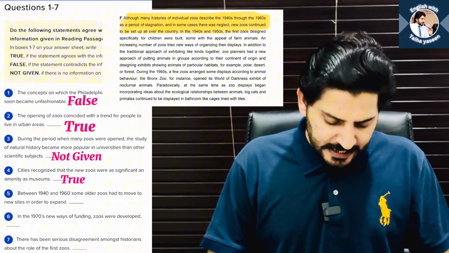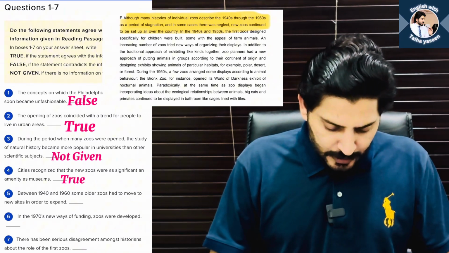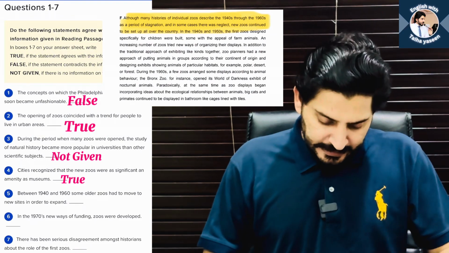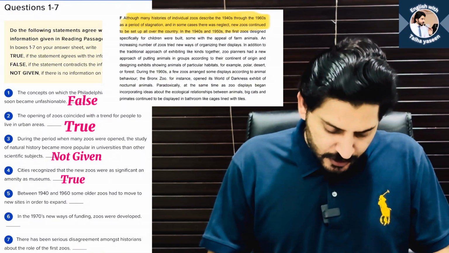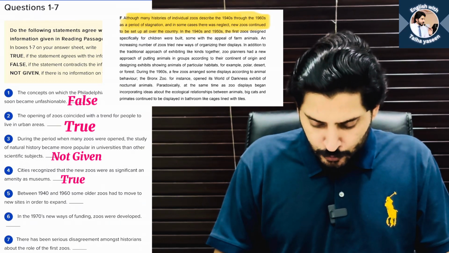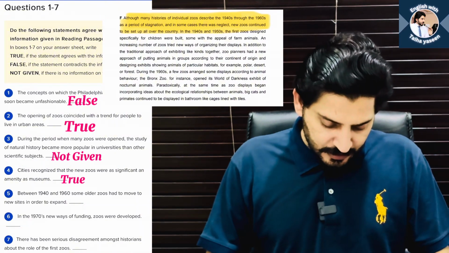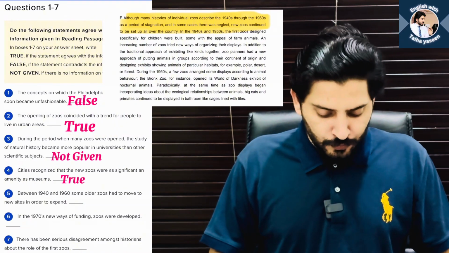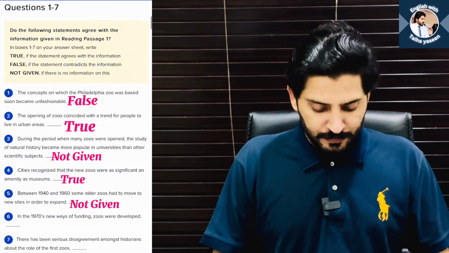In the question he says between 1940 and 1960, some old zoos had to move to new sites. And in the passage, he says it was a period of stagnation, and in some cases there was neglect. New zoos continued to be set up all over the country. So there is no mention that zoos had to move to new sites. So we will write Not Given in front of 5.